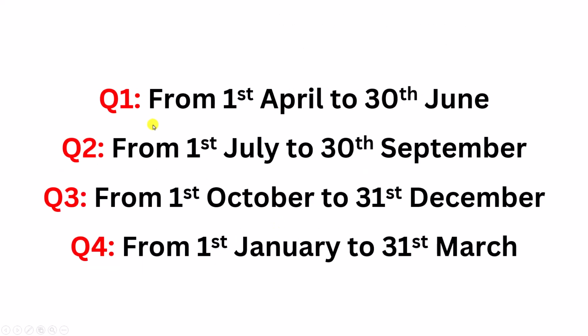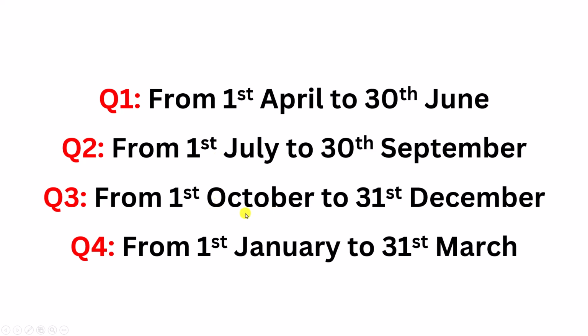We know that there are 4 quarters, correct? Let us say that we are analyzing a company which makes firecrackers. See, this is one quarter. This is one more quarter, correct?